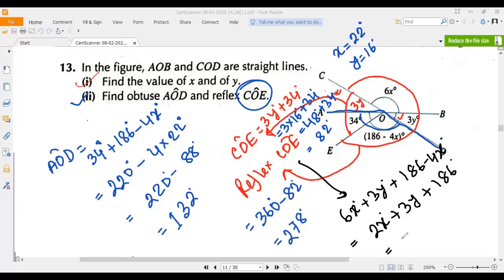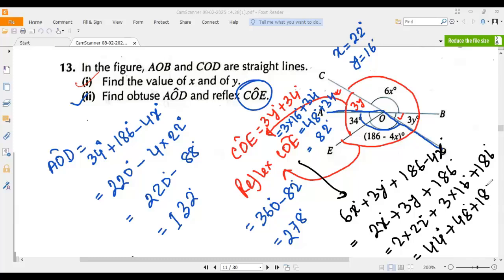So what is the measurement of x? That is 22. So 2 multiplied by 22 plus, what is the measurement of y? 16. So 3 multiplied by 16 plus 186. Now 2 22s are 44 degree plus 3 16s are 48 degree plus 186.